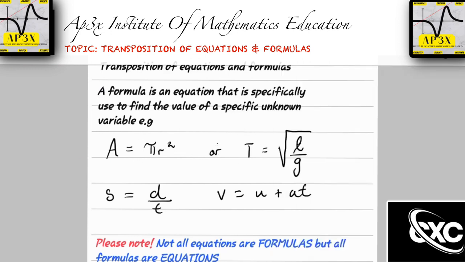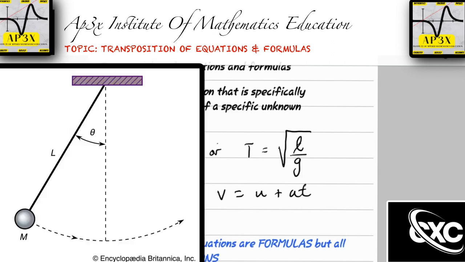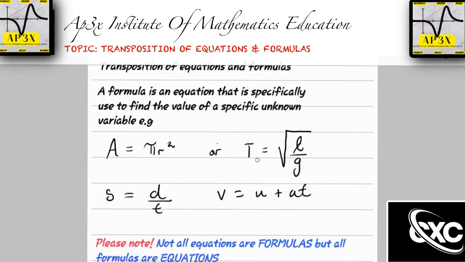It could be a case where maybe you want to calculate the period of a pendulum. Let's say you wanted to find the time it takes for a pendulum to swing from the left side to the right side. We could use the formula: period equals the square root of the length divided by the gravitational constant.